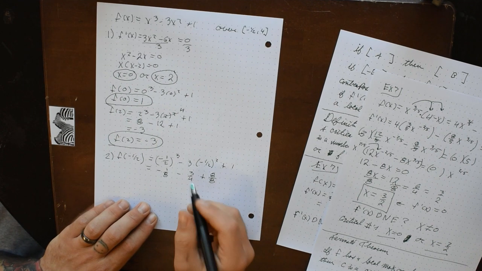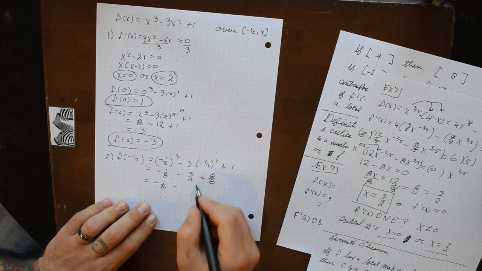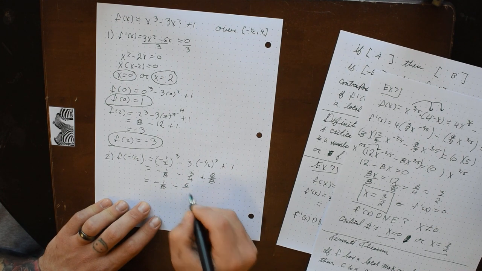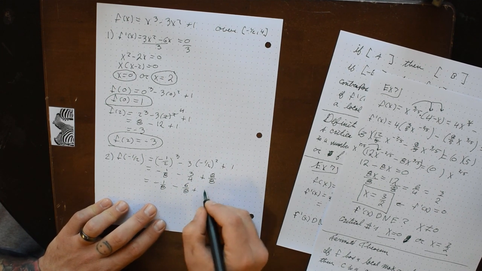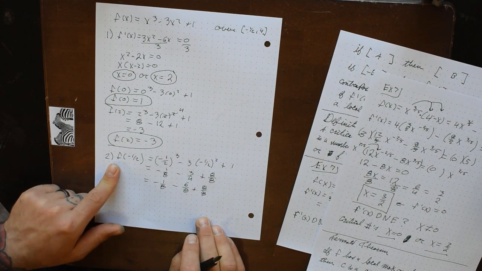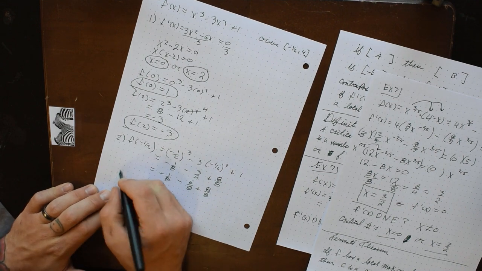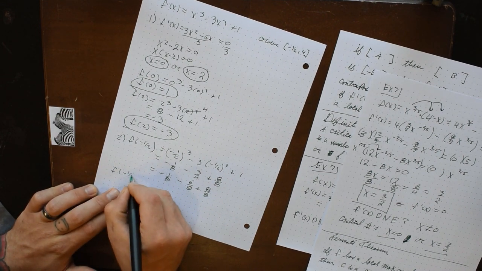Negative 1/8 minus 6/8 plus 8/8 says that f of negative 1/2 is equal to positive 1/8.